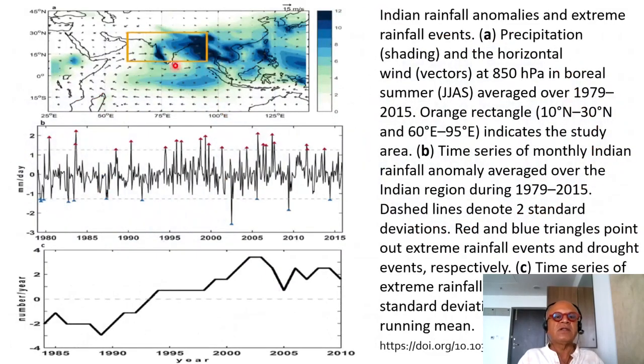So they start by looking at the rainfall over this region, and here is the rainfall in millimeters per day as anomalies, and then they draw a line here of 2 standard deviations. In this figure, you're looking at time series of extreme rainfall events which exceed 2 standard deviations with an 11-year running mean. So there are decades where the extremes are higher, there are decades where they are lower.